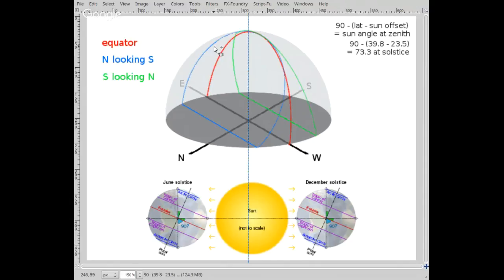It will follow an arc on top of here and go south. It could still follow an arc and go straight up like it does at the equator, but when you're on a parallel line to that center, it's shorter and the arc is going to be shorter, but this arc is not going straight up. It would be shorter if it was straight up. It's angled, it's tilted toward the south a little bit.